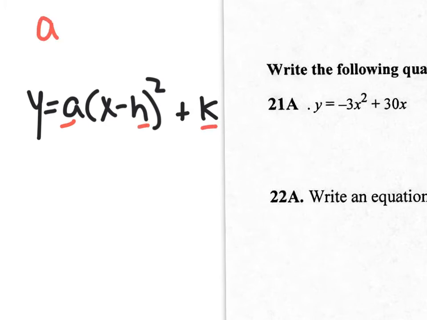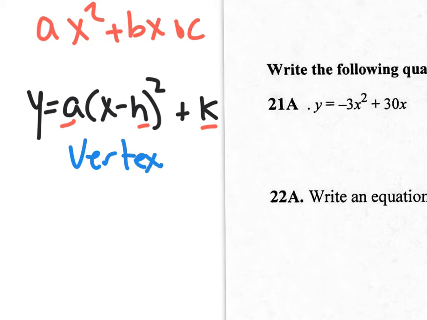So the a value is always the number that's out in front. If you have a quadratic trinomial, ax squared plus bx plus c, then your a value is simply the number that's out there in front of the x squared. Your h and k will always be your vertex, right? So your vertex is your h and k value.